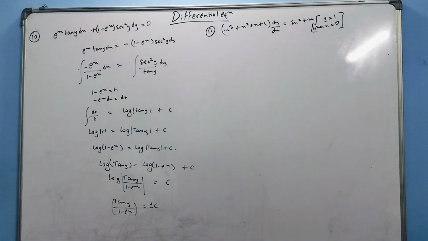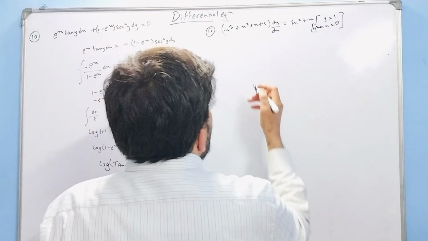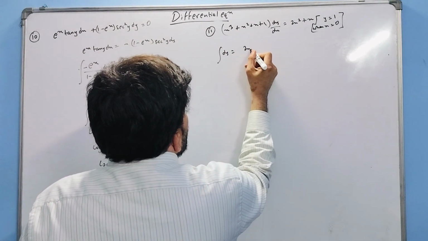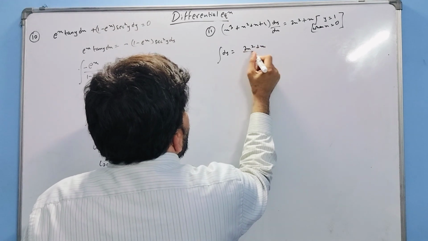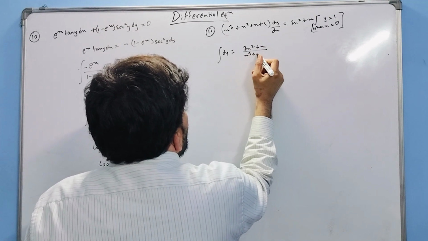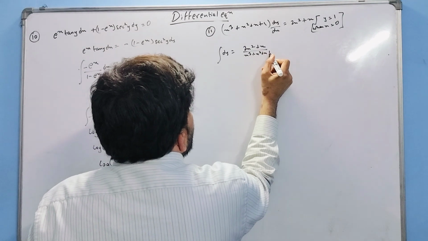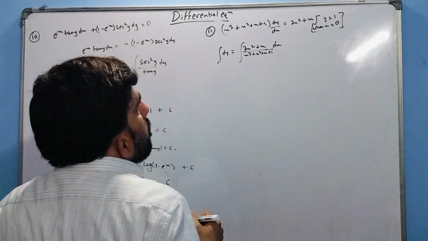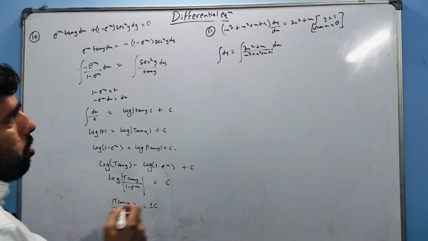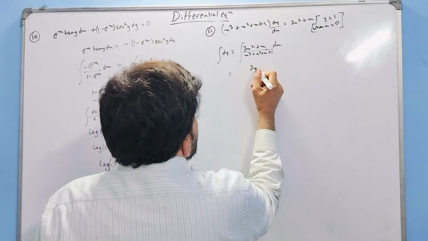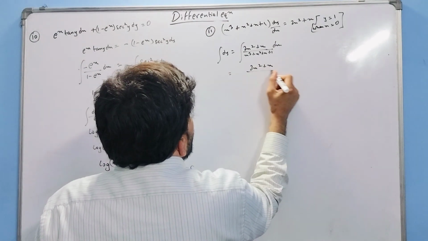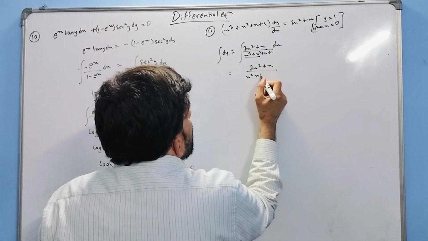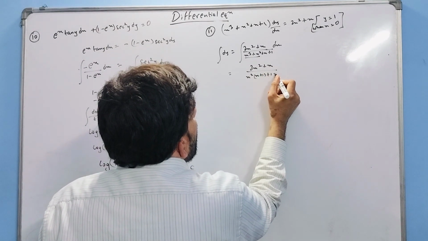So now what we can do here is, in a very simple way, we'll take dy is equal to (2x square plus x) upon (x cube plus x square plus x plus 1) dx. Okay, so now let us try to solve this. How can we solve? Let us see. You can take x square common from here, x plus 1, and 1 from here.